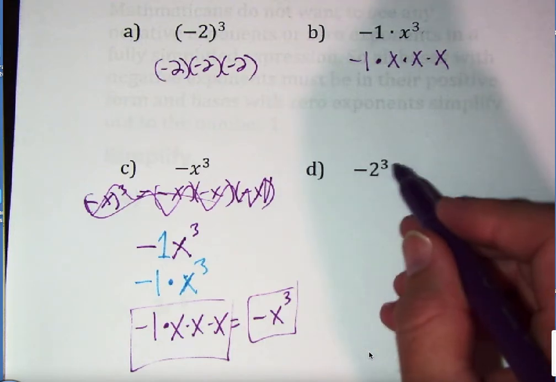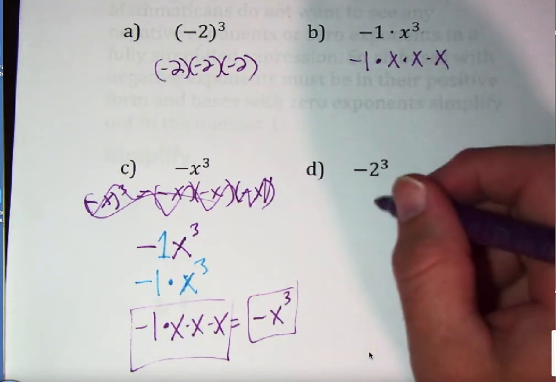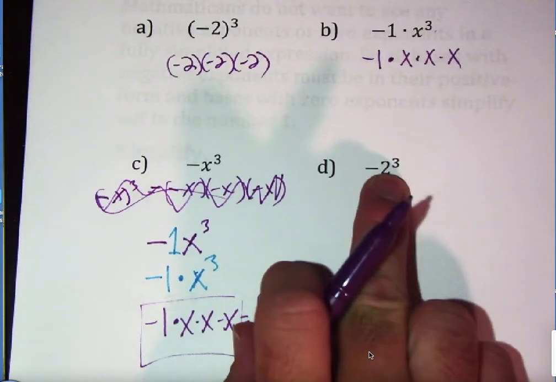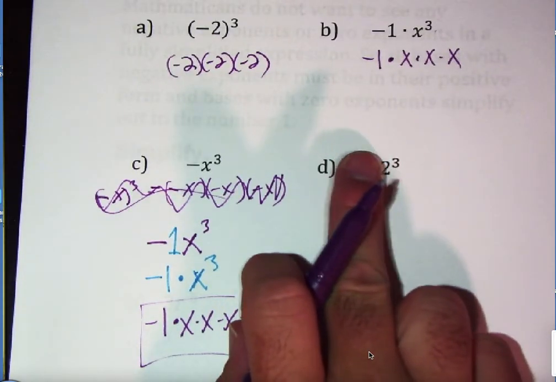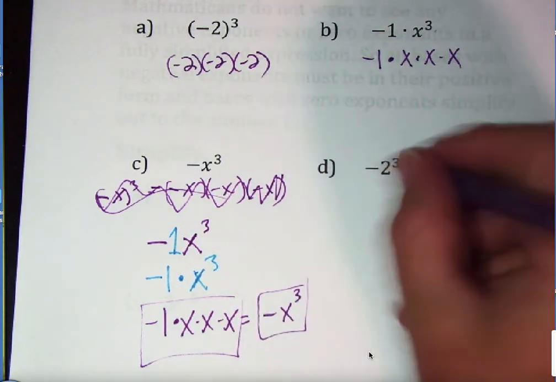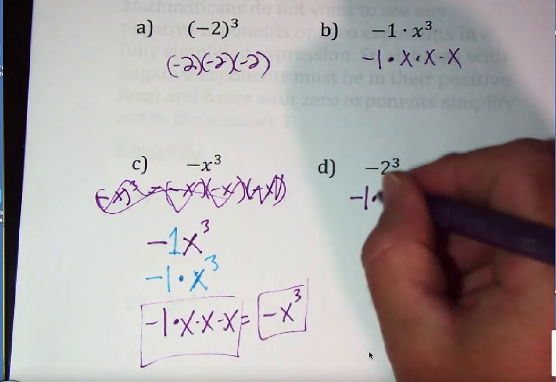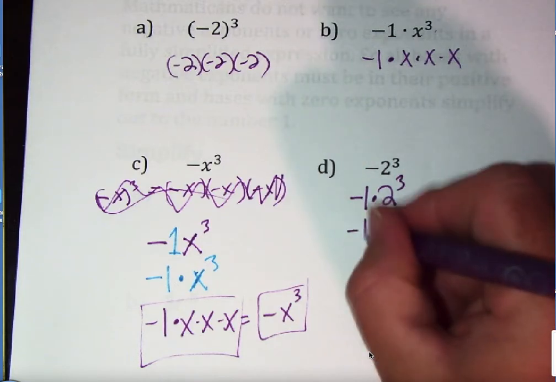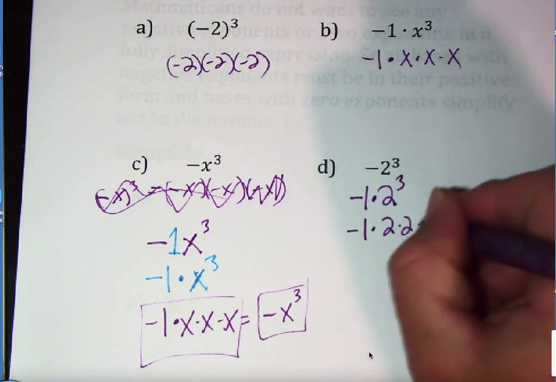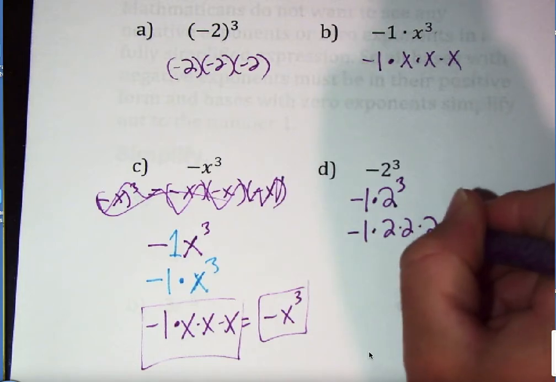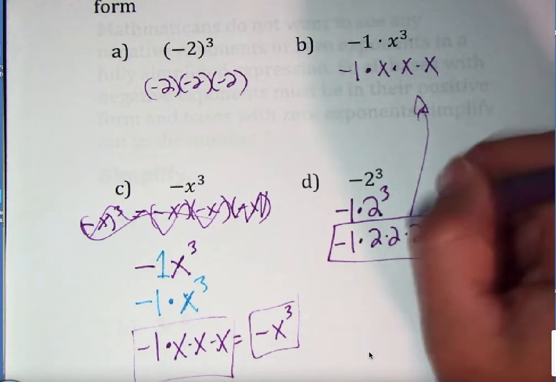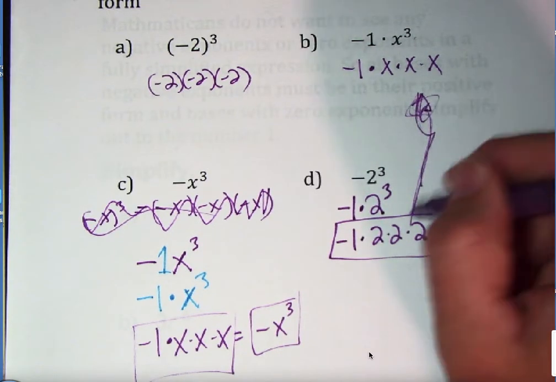Negative 2 to the third. It's even weirder. The negative sign, even though it's part of the 2, it's really not part of the base, because it's negative 1 times 2 to the third, which is negative 1 times 2 times 2 times 2. Just like this one up here.